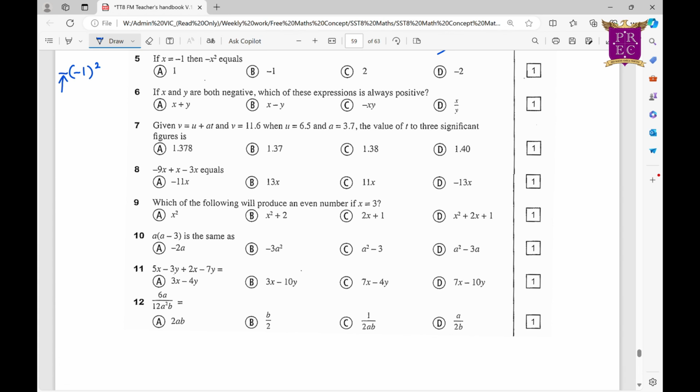In fact, you have to do the operation or the indices first before you do multiplication. And so -1 squared just gives us 1, and -1 times 1 just gives us -1, which is option B.